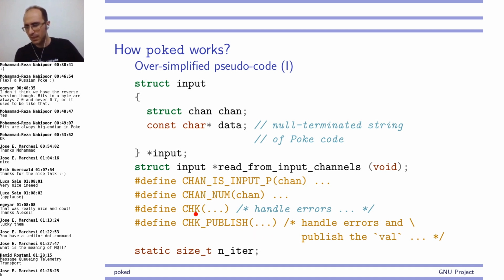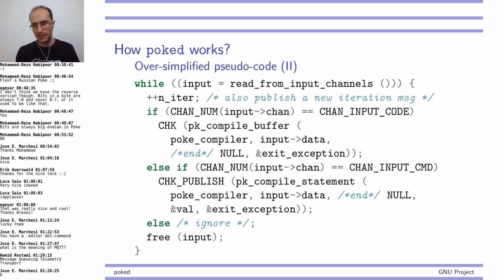The same logic applies here. We have a check macro which does the error handling, and check publish, which instead of printing will publish to all clients that are listening to channel number 1, the output channel.